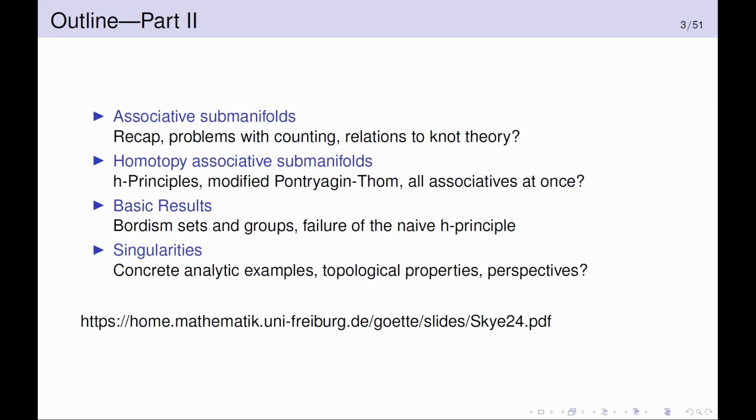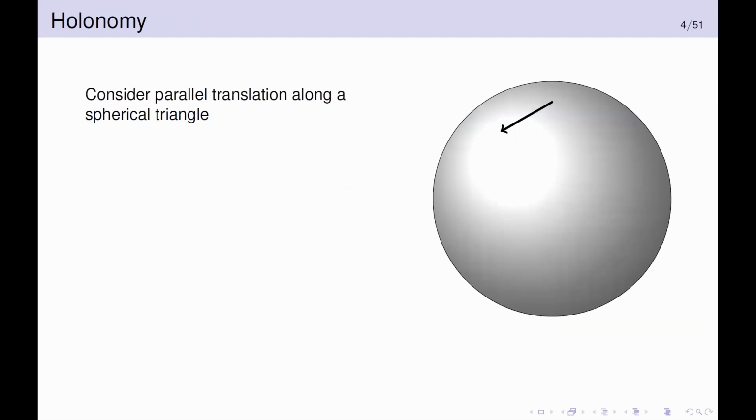Okay, but now let's start with the basics. If you are on a sphere, say at the North Pole with a stick pointing south, and you parallel translate your stick while walking down to the equator, then you walk along the equator for a while and return to the North Pole, you haven't changed the direction of your stick, basically, but still, when you are back at the North Pole, you find that there is a certain angle between the position where you started and where you are now.